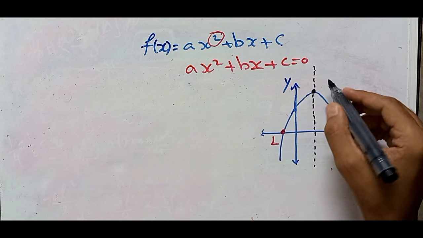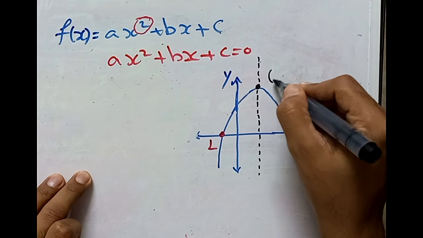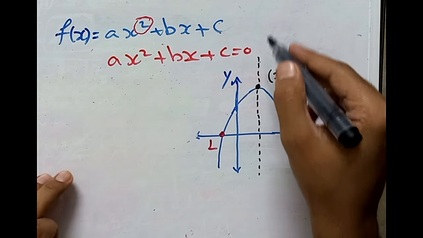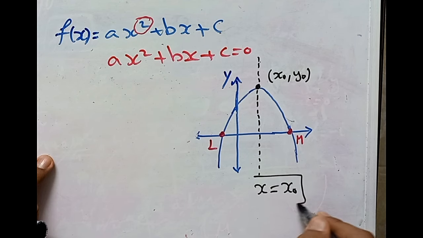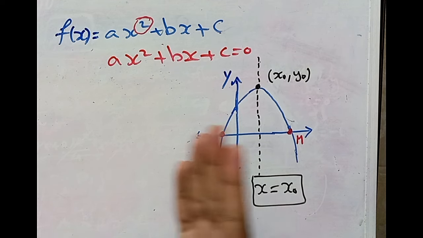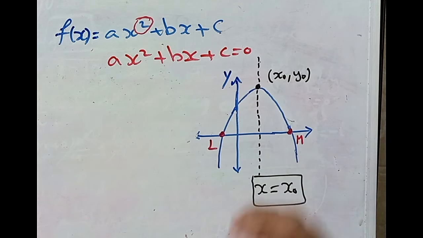So let the vertex is at a point x node and y node. So the vertical line x equal x node is the symmetric axis. So symmetric axis means that the left part is equivalent to the right part.